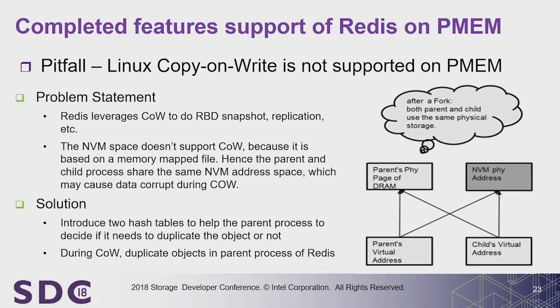These two tables help the parent process decide whether the data needs to be duplicated and temporarily stored in those hash tables or not, right? And with that kind of support, even if they see the same memory space, we can still keep the data consistent between them. All right.